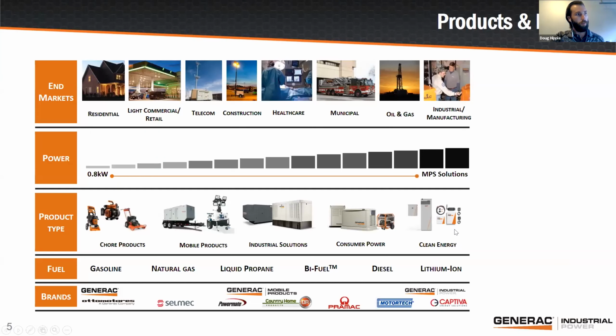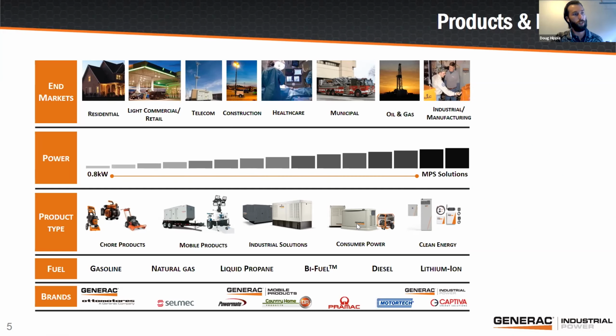So for product offerings, just to give you a flavor for who Generac is, as I mentioned, down here in the third bar for product types, we're really well known for our small residential generators, but we offer a really wide gamut of product offerings. We have chore products, log splitters, stump grinders, things of that nature. We have mobile generators and light towers.